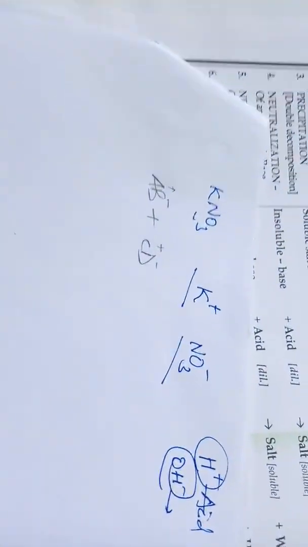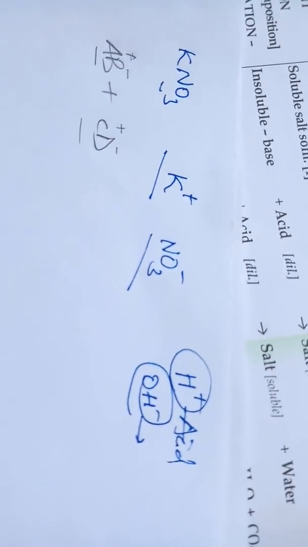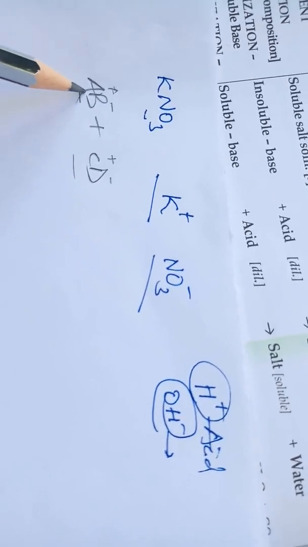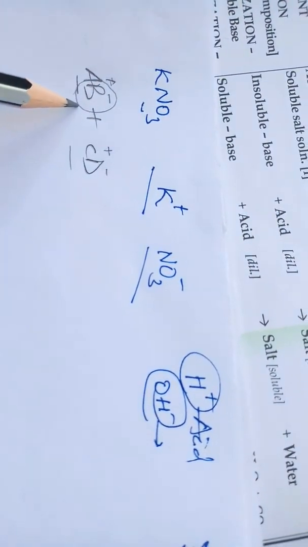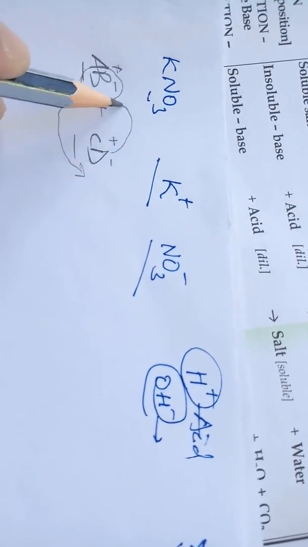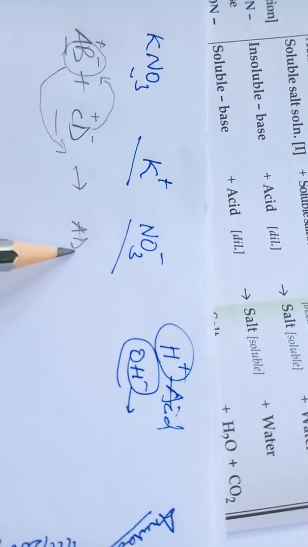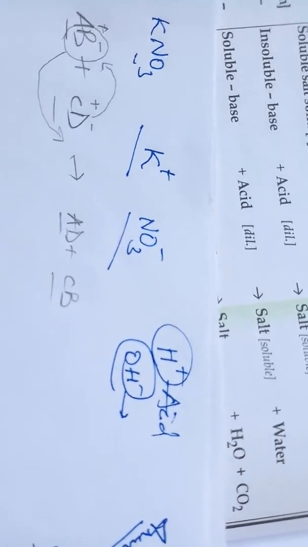In this, this is a salt. When it reacts, double decomposition means this negative radical, negative ion will be displaced from here and join here, and this will move here. So we will have a new compound, right? AD plus CB. So this is double decomposition, right?